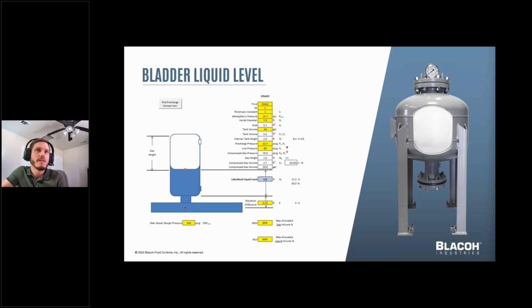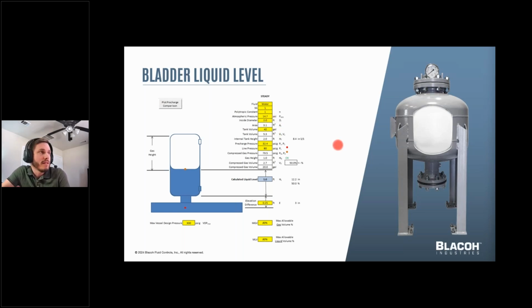This is a snapshot from our liquid level tool that we call surge level. It allows design engineers and field operators to be confident in the pre-charge pressure when all you have is the current pressure and the associated liquid level. It's based on Boyle's law, P1 V1 to the N equals P2 V2, that's pressure and volume, to the N, which N is the polytropic constant.